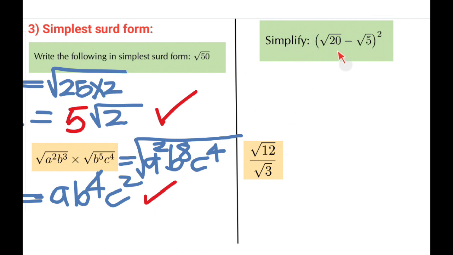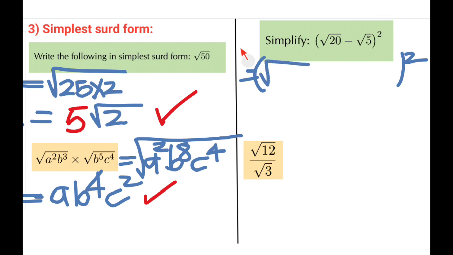You are given: simplify the square root of 20 minus the square root of 5, all squared. In a case like this, keep the squares. Do the same thing you did with the square root of 50 with the square root of 20. Break it up into factors where one is a perfect square.